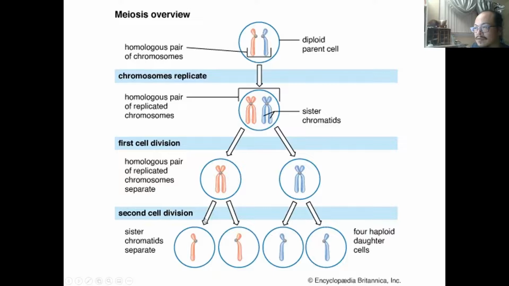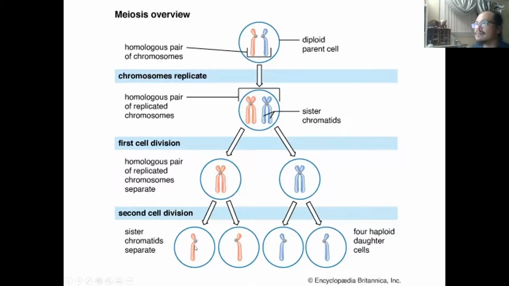It will go through further division, so it gets divided twice. By doing so, you start with 2N diploid, and in the end, your daughter cells will be only 1N.